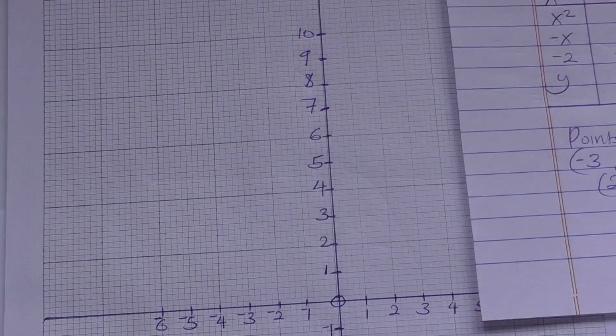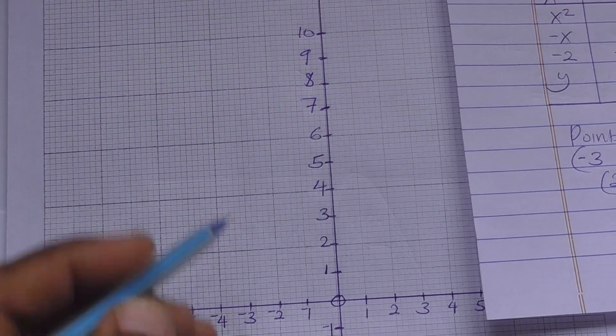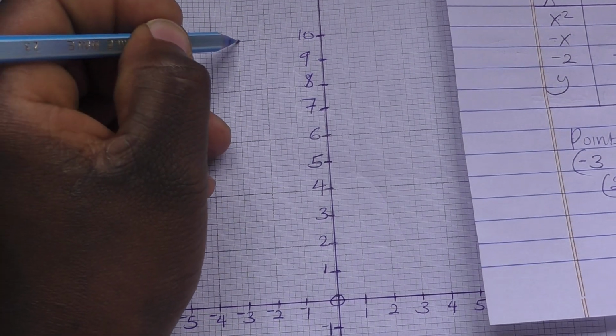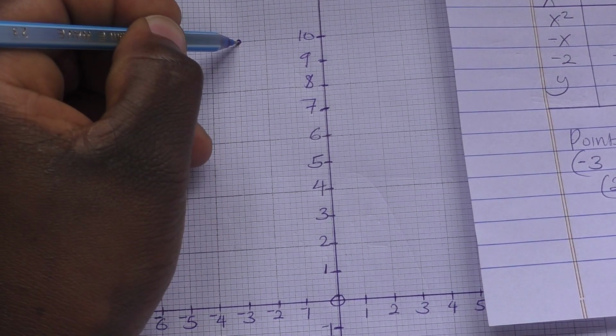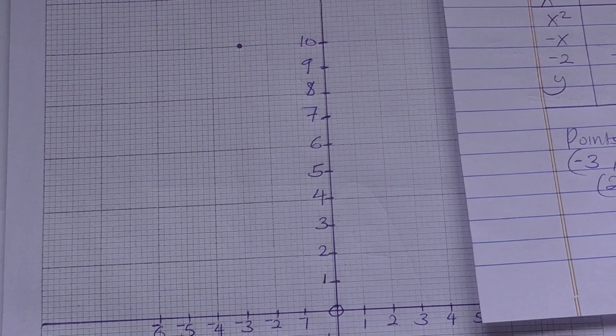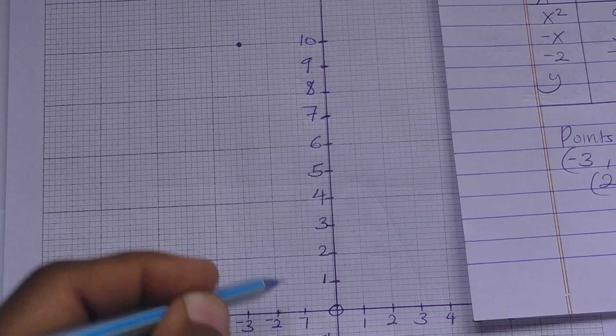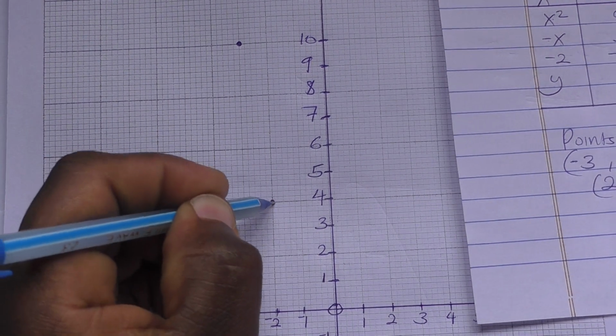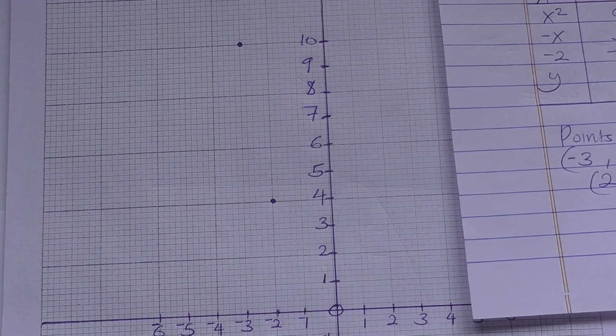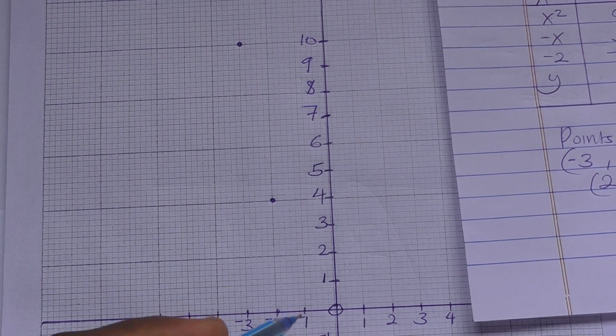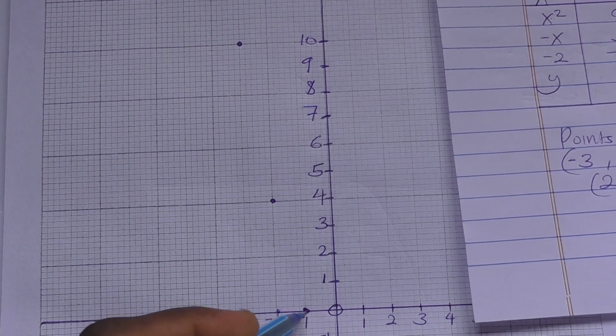So negative 3, 10, that is our point. Then we come to negative 2, 4, that is our point. We come to negative 1, 0, negative 1, 0 is there.